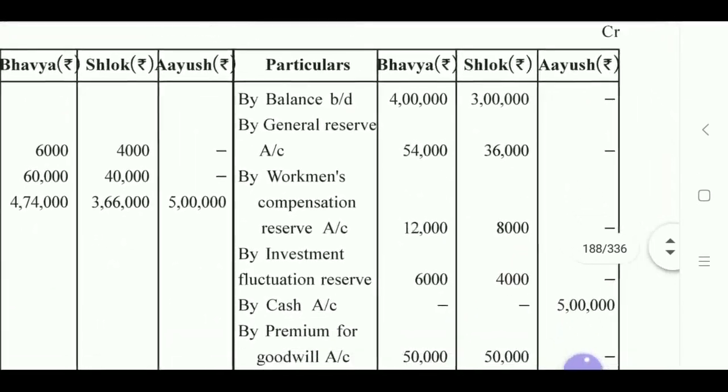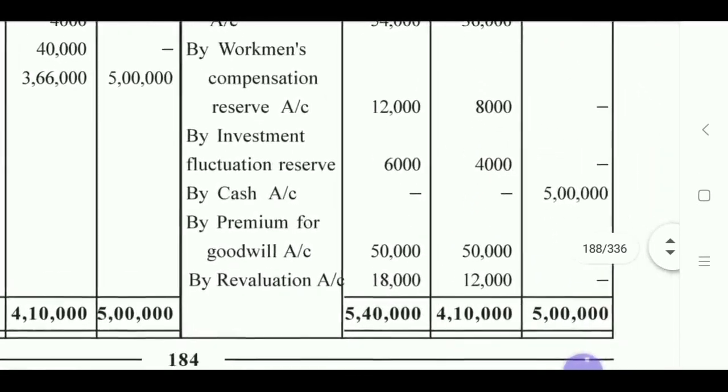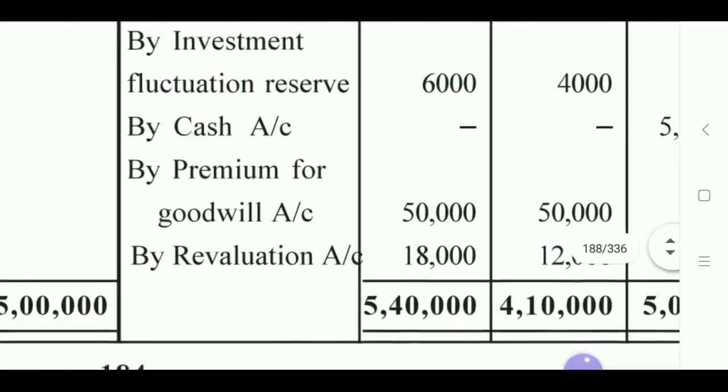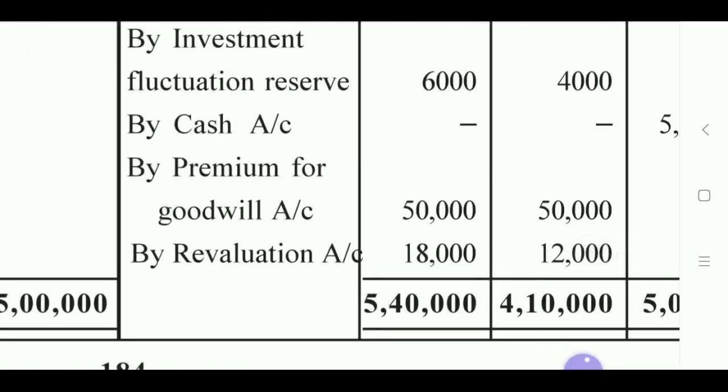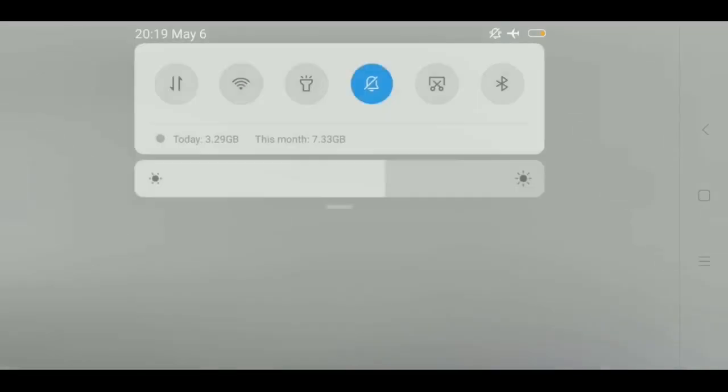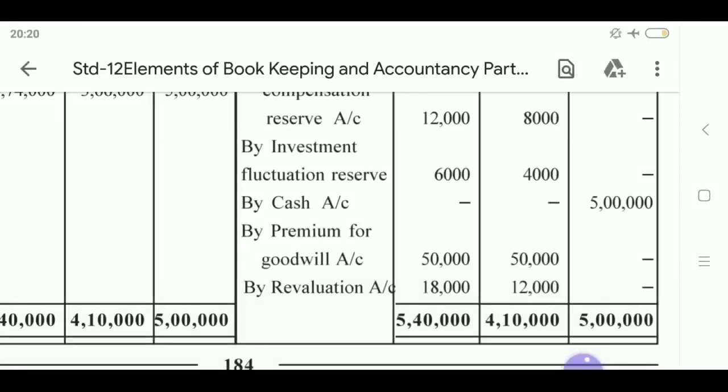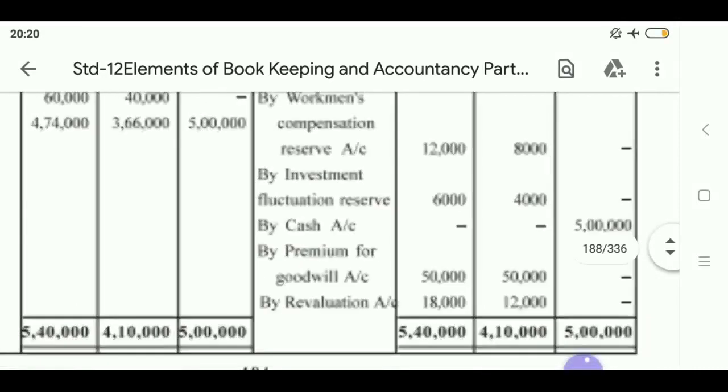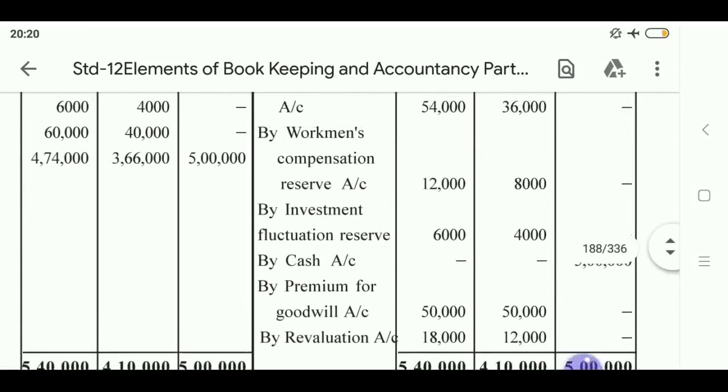Yes, you can see here. By premium for goodwill account. अगर आप journal entry check करेंगे तो premium for goodwill account has been debited. So in the process of posting, it has been credited. You can see 50,000 each. So here I complete the process of posting for all the journal entries.